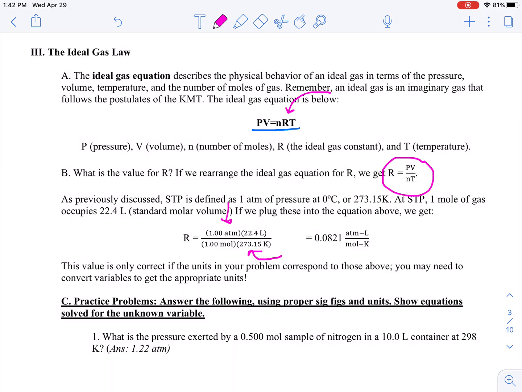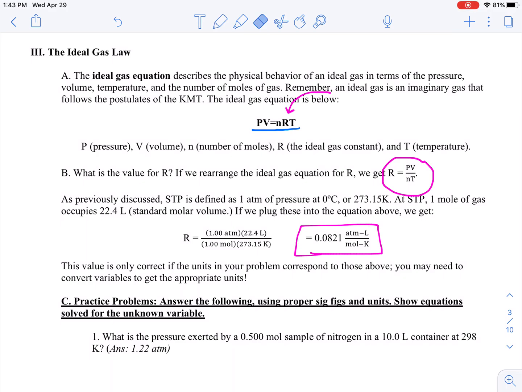The volume we said is 22.4 liters, and that is the volume that 1 mole of any gas always occupies at standard temperature and pressure. And so if you do that math, if you figure out what R is equal to, it's always equal to this value, 0.0821 liters times atmospheres over moles times Kelvin.